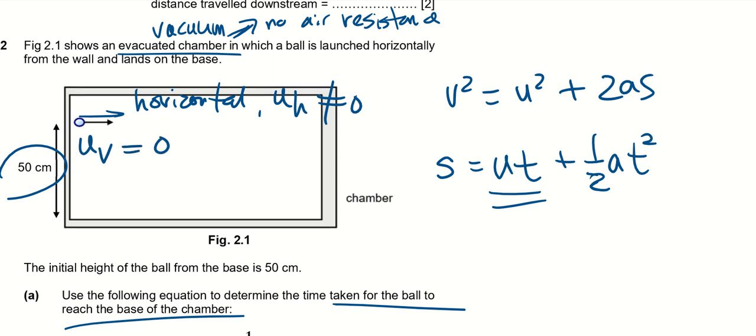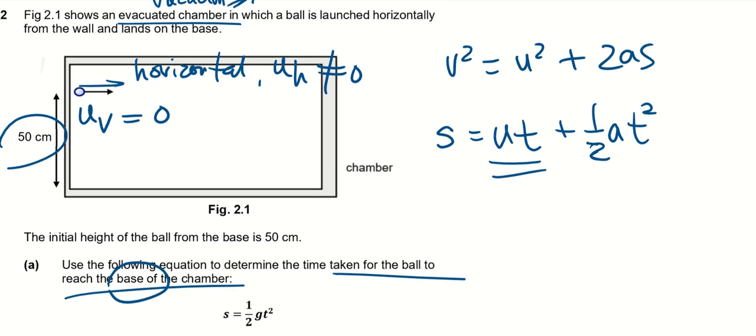The UV is 0. The question is asking you, determine the time taken for the ball to reach the baseline. Actually, they didn't expect you to think so much. They just asked you to substitute this formula.